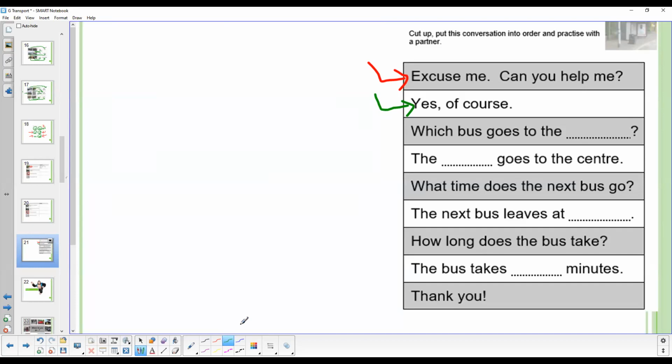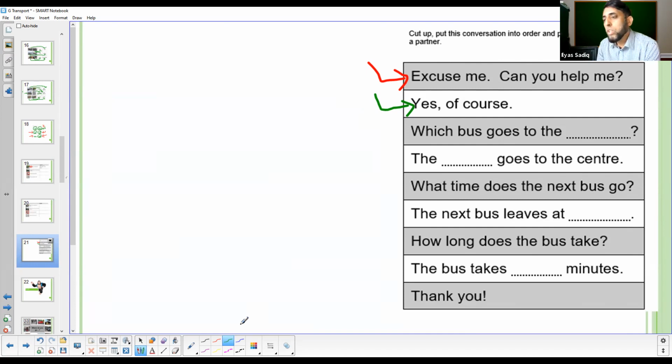What time does the next bus go? The next bus leaves at 11 a.m. Okay. How long does the bus take? The bus takes 10 minutes. Okay, thank you. Well done. Most welcome. So yeah, thank you.